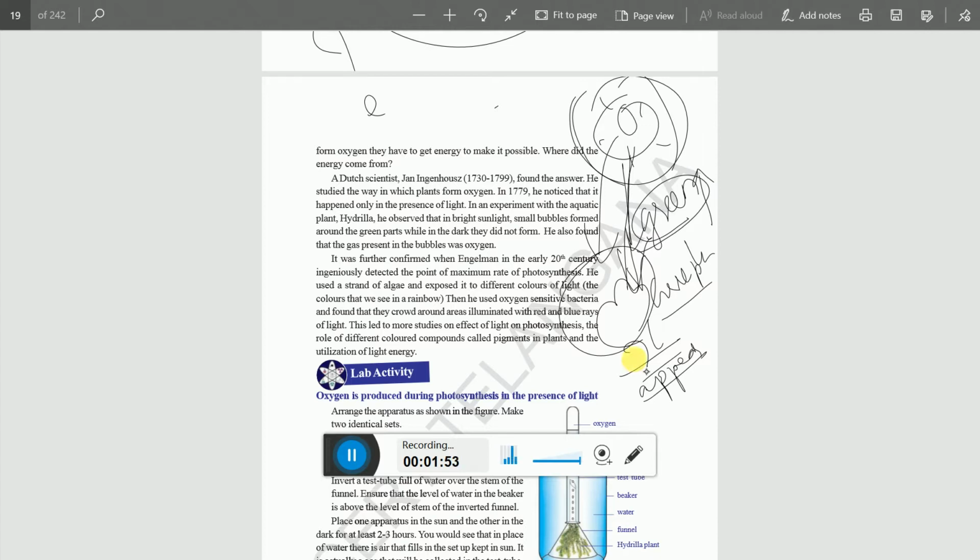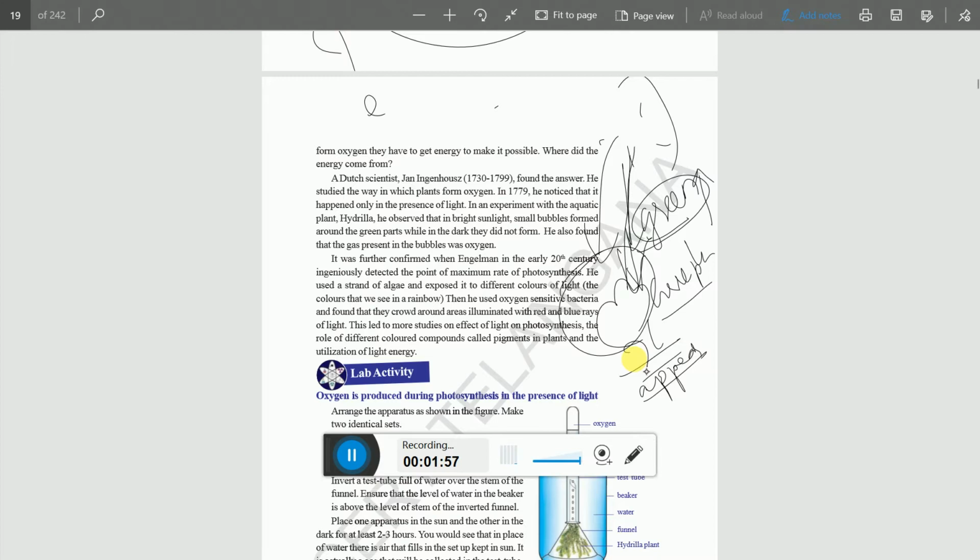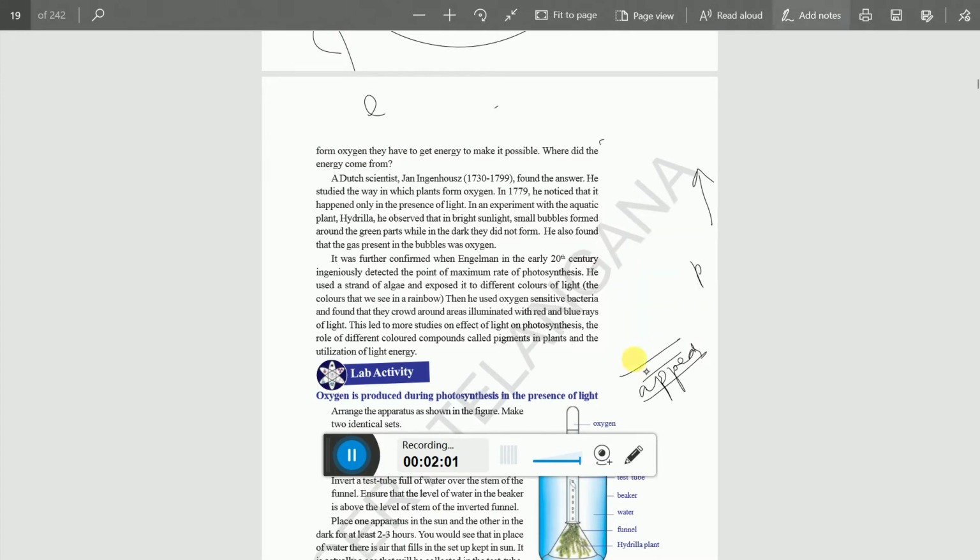If all the colors are absorbed except the green, what will happen here? Except the green color, all the colors will be absorbed by the tree or plant.